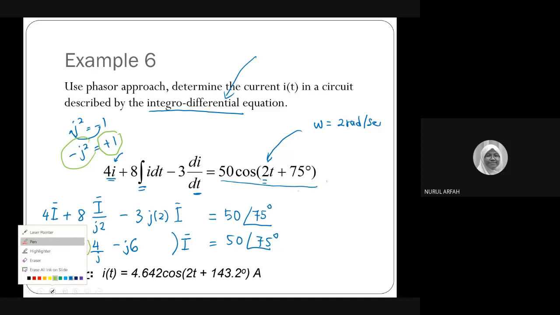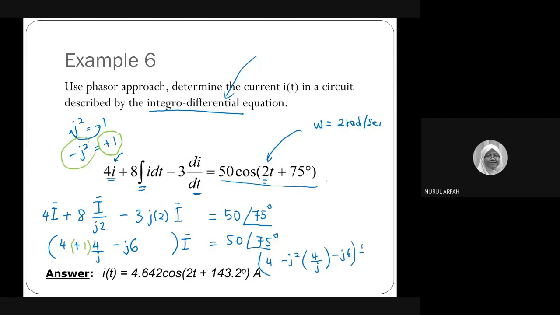So if we substitute this, the 4 plus 1 here becomes negative j square, and then this is 4 over j, and then minus j6, all into I bar, equal to 50 with 75 degrees.